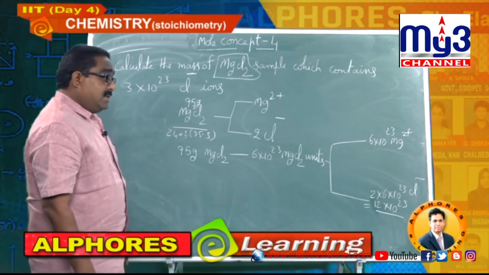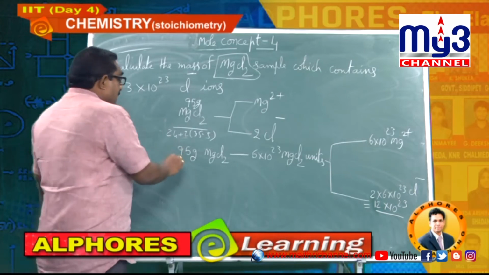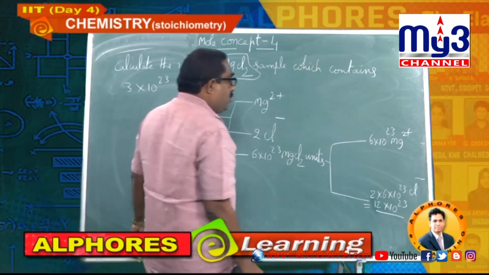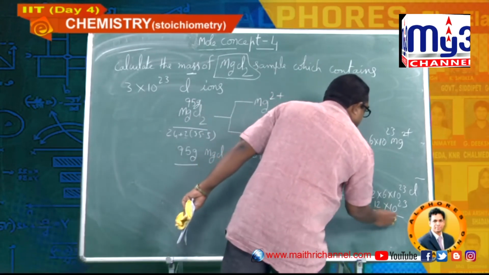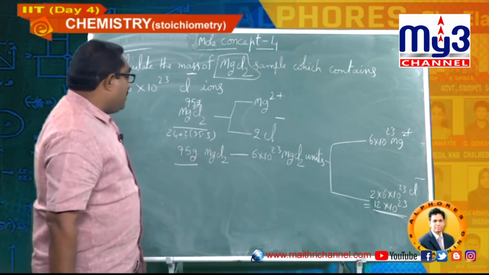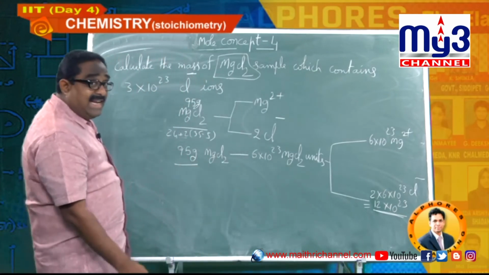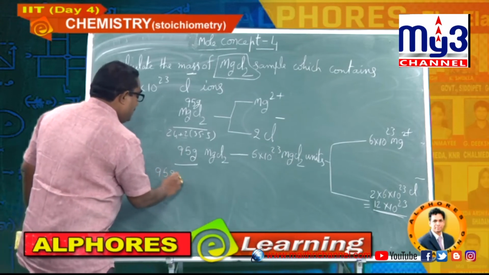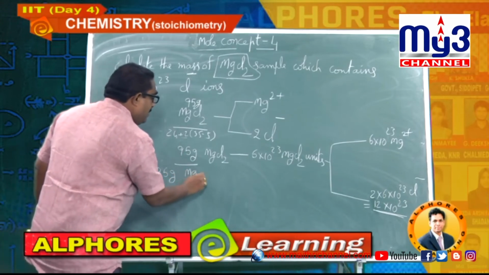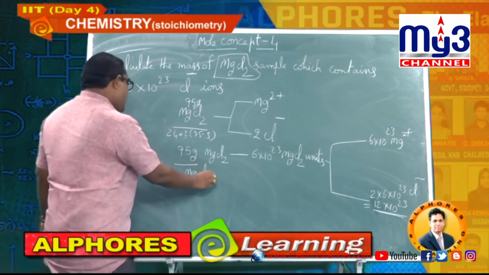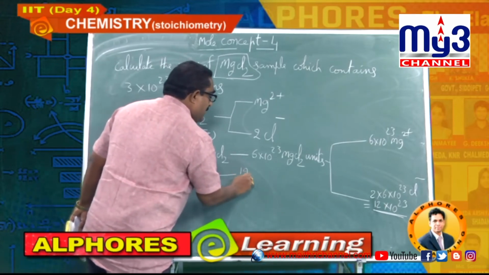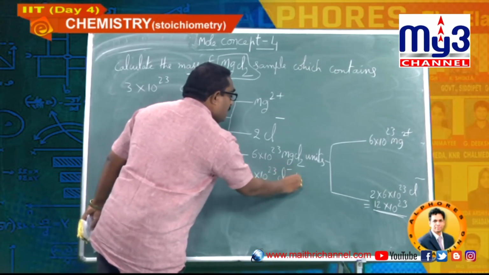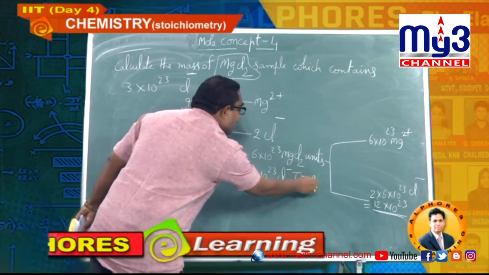chloride ions. So if 95 grams is present, how many chloride ions are you going to get here? 12 into 10 power 23. I am writing that, student. Finally I am writing 95 grams of magnesium chloride should possess 12 into 10 power 23 chloride ions.